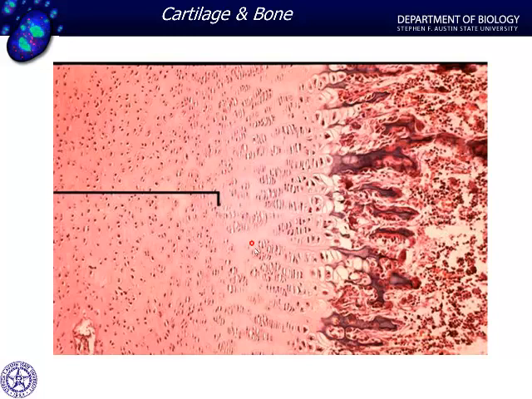Then we get into this zone where we begin to see these stacks of coins. This is our zone of proliferation. You can see these stacks real nicely, and we have another image coming up where you can see those. And then that transitions into this area where we see this tremendous amount of white space, maturation and hypertrophy. So this is the hypertrophic zone, this is the proliferative zone, and this is the reserve zone.